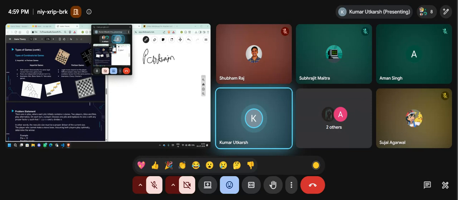Here, for example, we can see chess or checkers. The player is playing a game, and the moves also depend on what the position of the board is, or like Sudoku or tic-tac-toe.